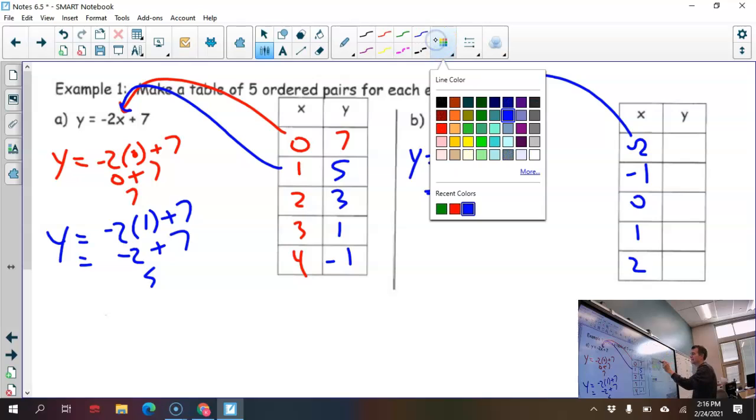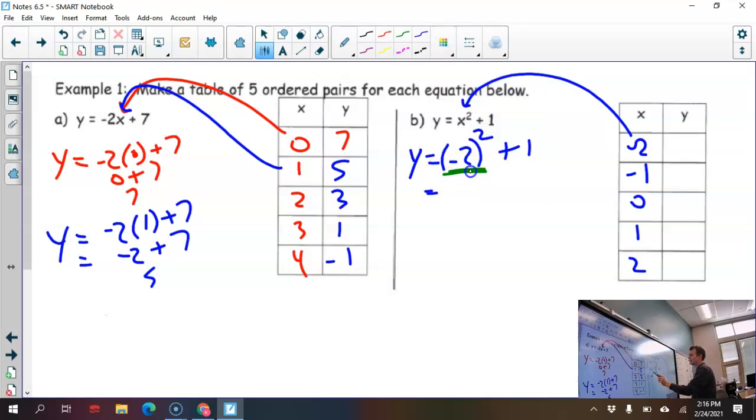Now, this is the biggest thing that people mess up, the negative 2 squared. When you do this on your calculator, if you don't type it in right, it tells you the answer is negative 4. But it's not negative 4, it's positive 4. If you're going to use a calculator, you must put parentheses on it before you square it.